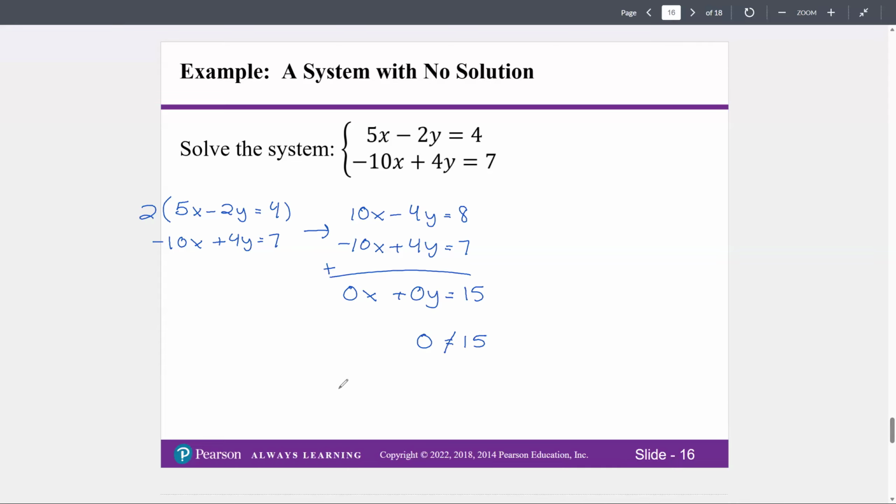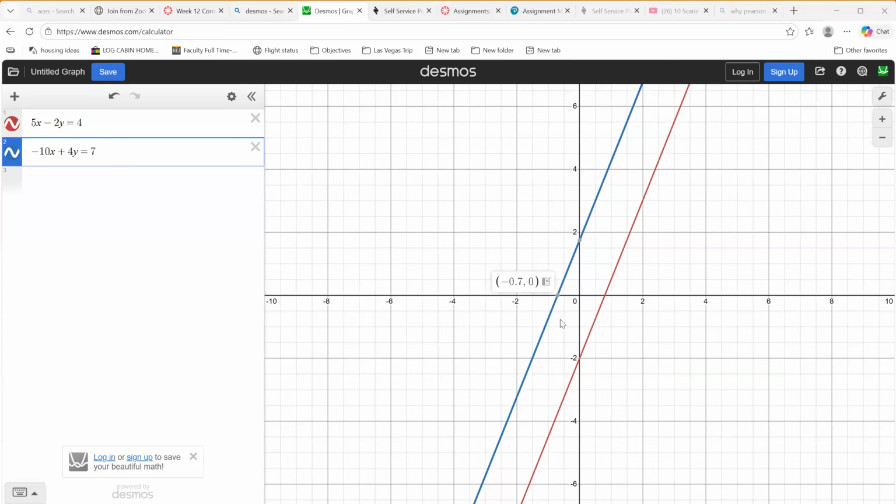So we get an inconsistent system, and we have no solutions. Let me graph this one here in a second. If I graph the lines, they are parallel lines, so we would not have a solution.